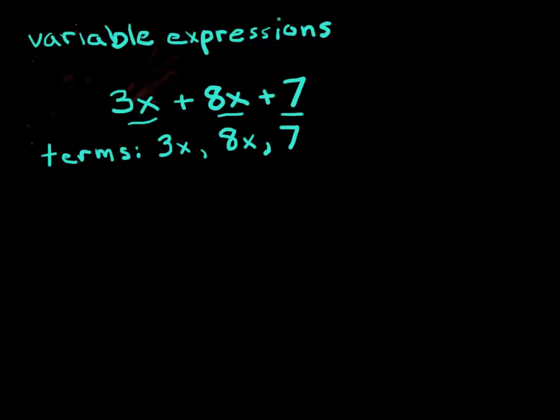If we look more closely at the first term, 3x, we have what we call a coefficient. The coefficient of a term is the number in front of the variable. So in this example, I have 2 coefficients, 3 and 8.